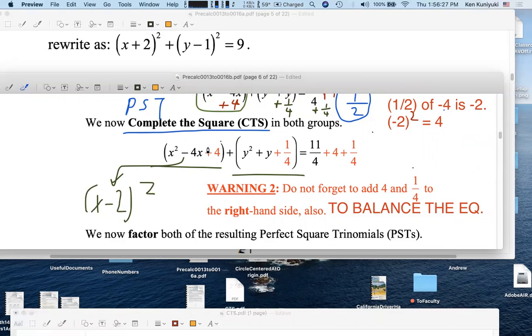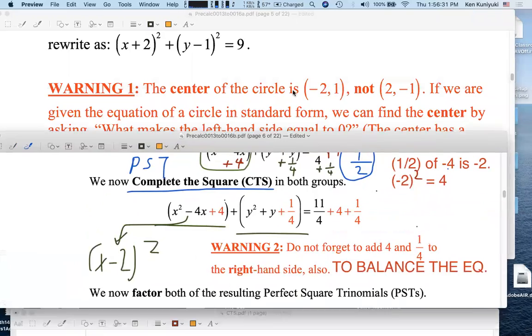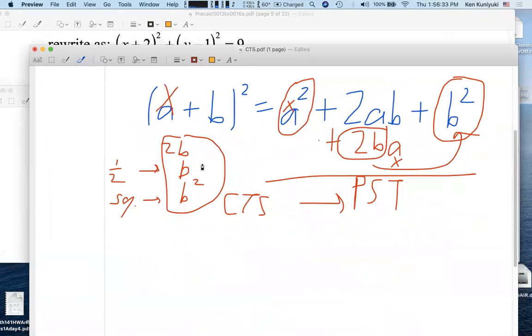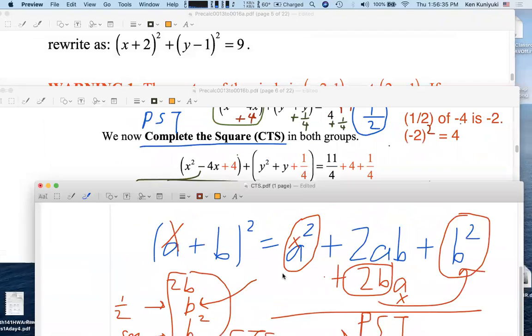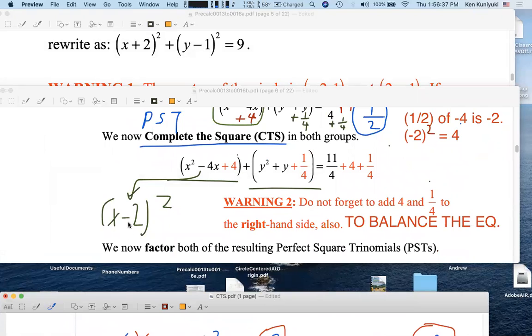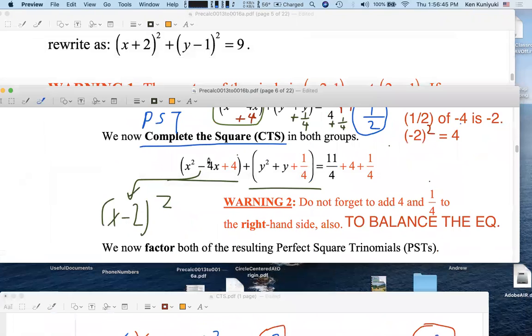Another way to look at that, half of negative 4 is negative 2. That was that middle guy in the completing the square process, the b. Basically, you're going to end up putting plus or minus b in here. You're going to take half of this coefficient. So whatever this coefficient on x is here, you're going to put half of that coefficient over here. Half of negative 4 is negative 2.